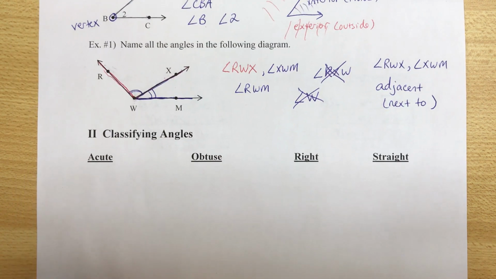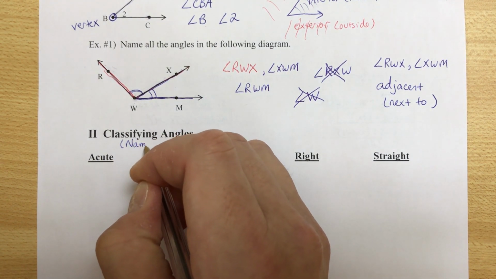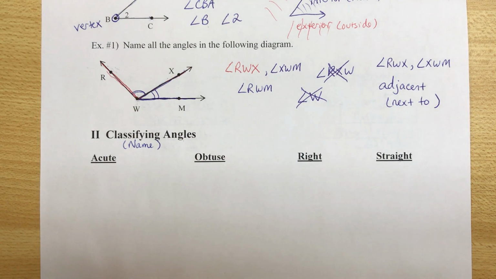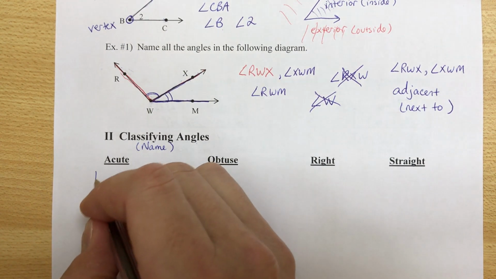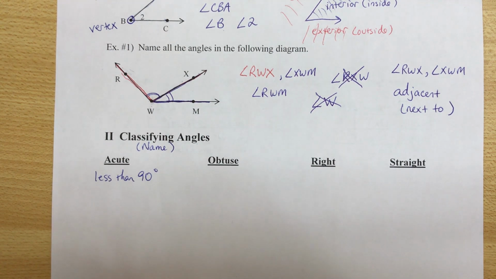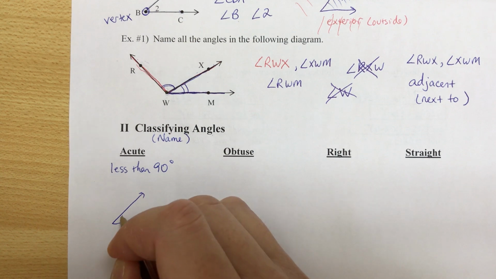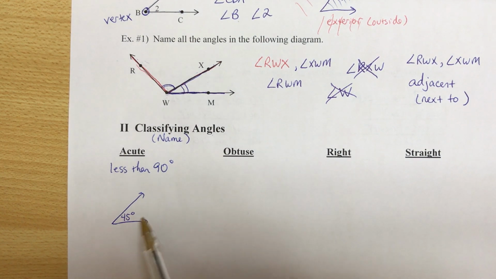All right, so some more vocabulary, classifying angles. Classify means to give a name. Acute means less than 90 degrees. An acute angle is less than 90. As an example, there's 45 degrees. Notice I put a degree symbol there. That's telling me the measure of the angle.